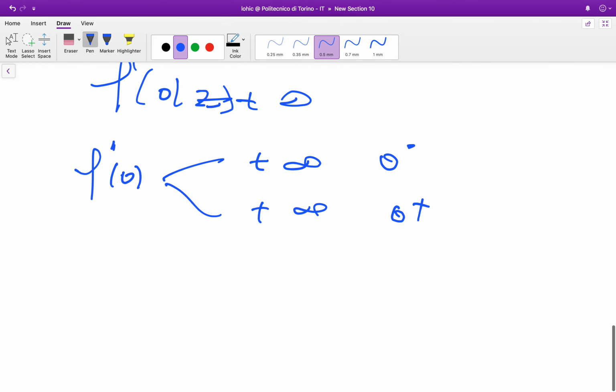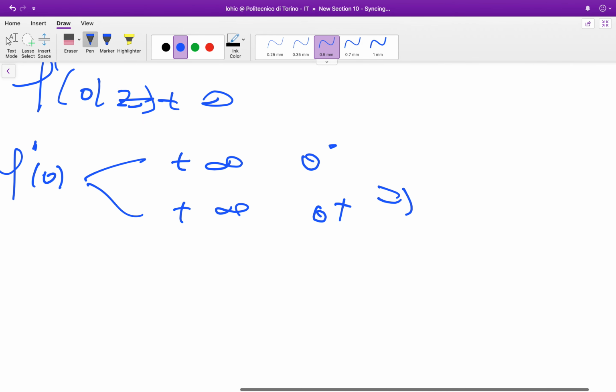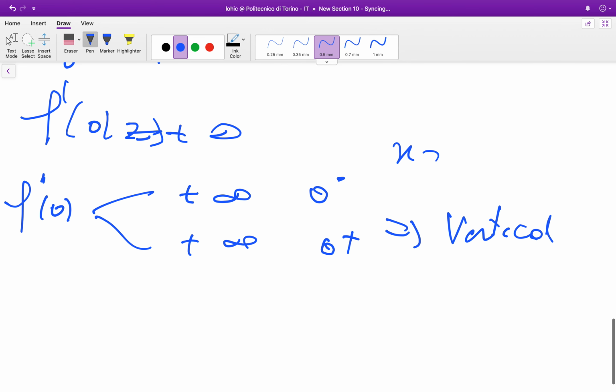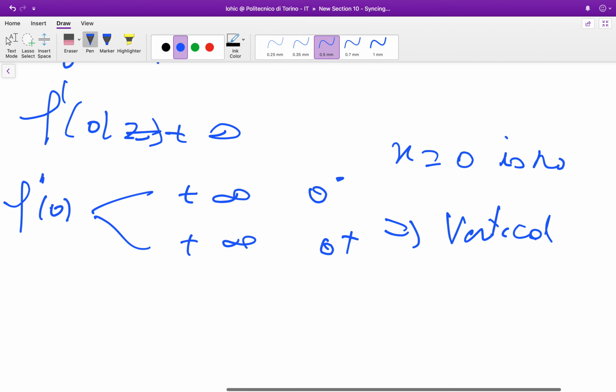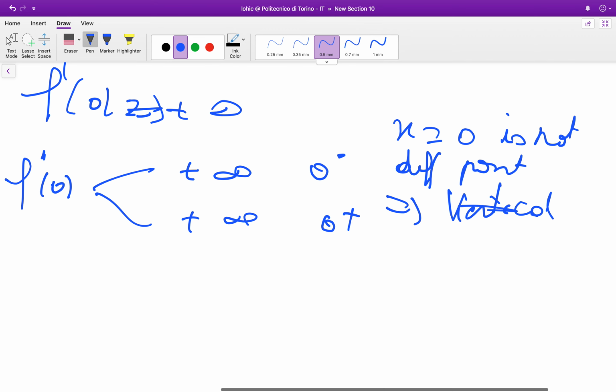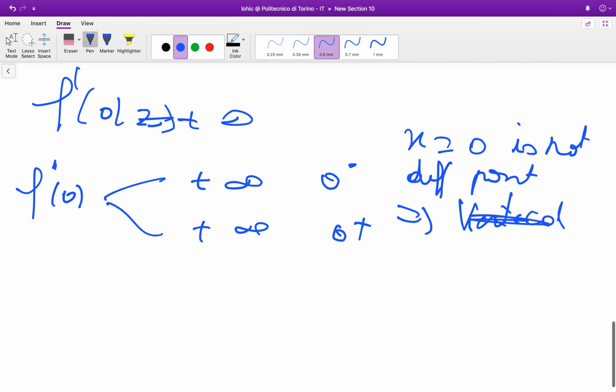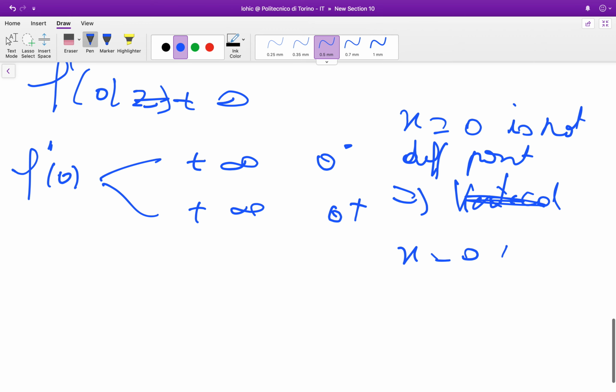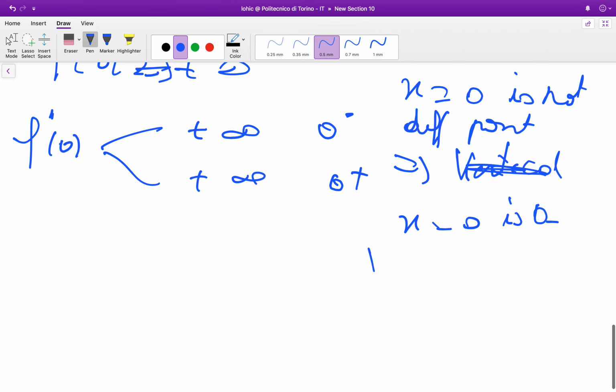And when the derivative from the right and from the left give the same, is that clear? So x equal to 0 is a not differentiable point. We say that at this point, as the derivative from the right and the left gave the same thing and they gave plus infinity, x equal to 0 is a vertical tangent point.